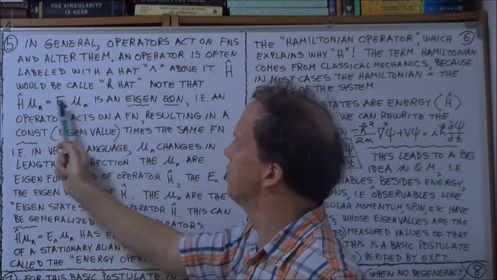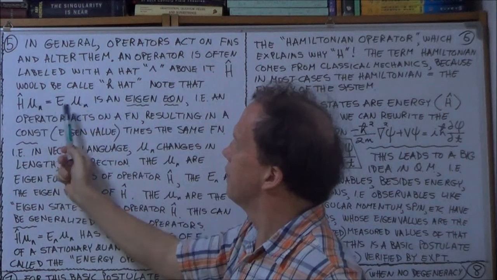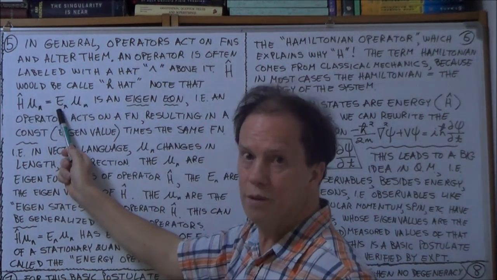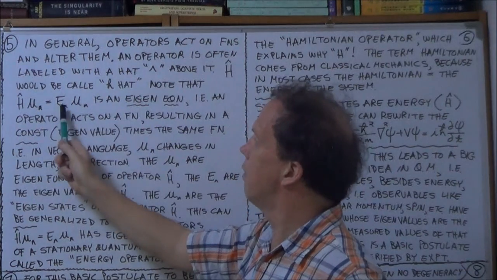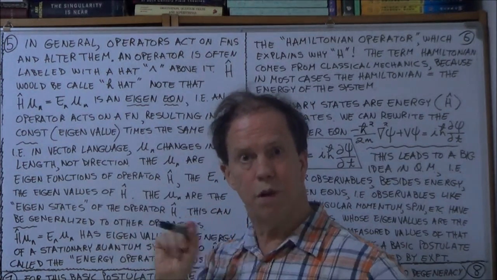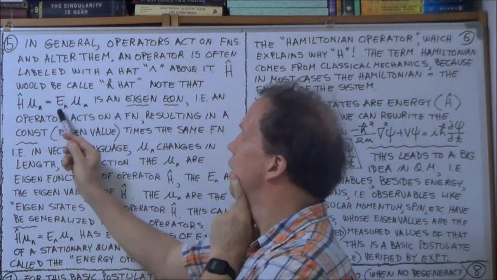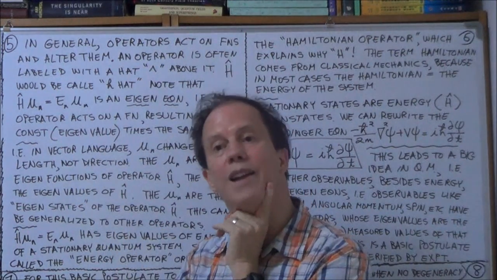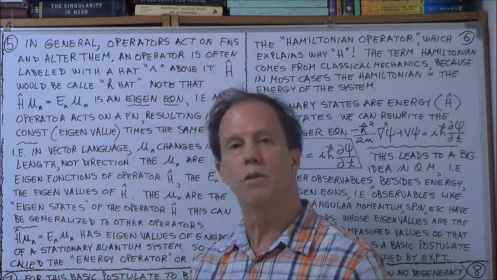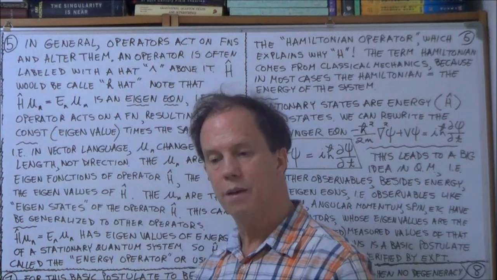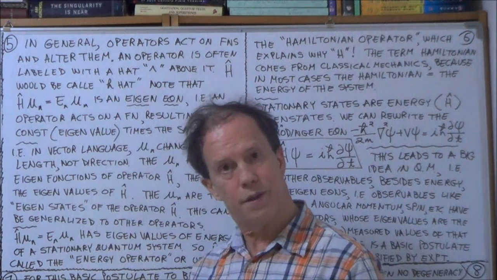You find the solutions, and that eigenequation will give you eigenvalues, and if this postulate is correct, these eigenvalues should give you the allowed values when you actually measure that observable.